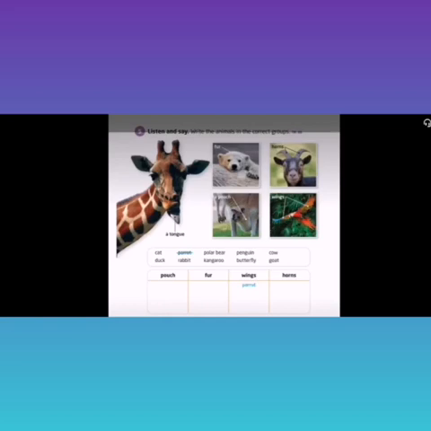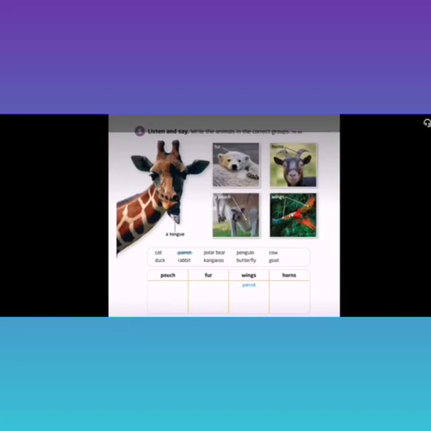Okay, so for the next part, I need you to open your student's book on page 75. Okay, so for exercise 5 it says, listen and say, write the animals in the correct groups.